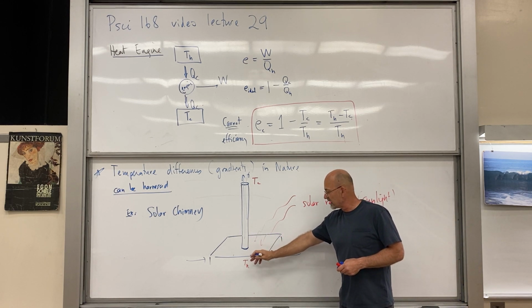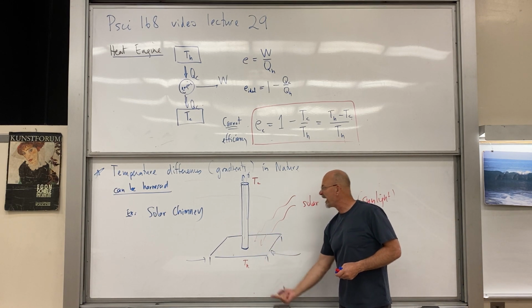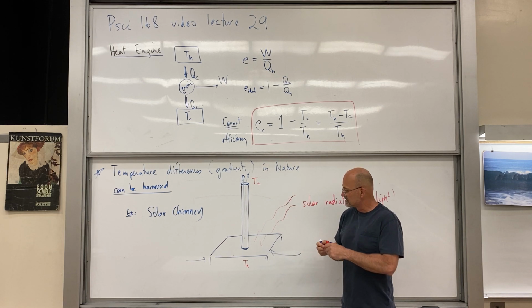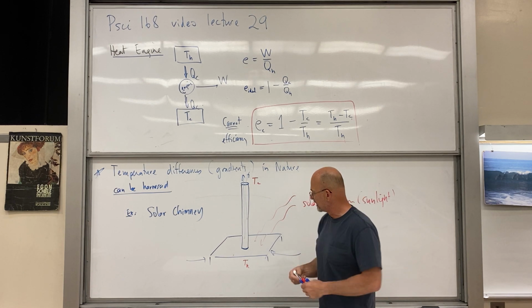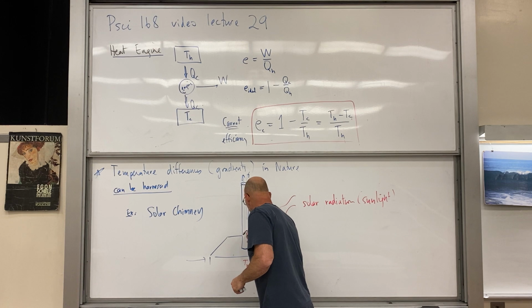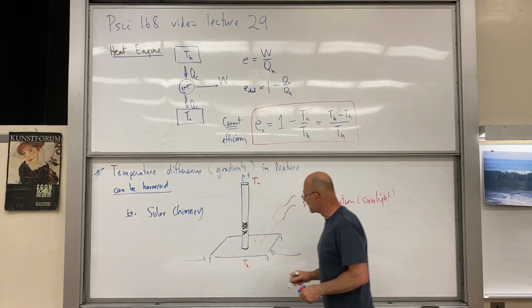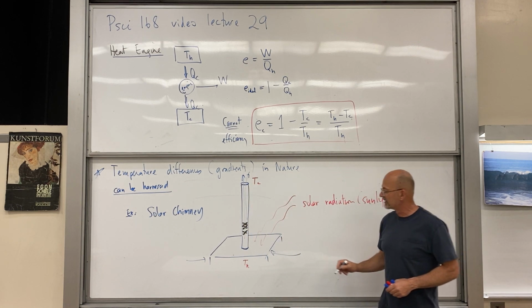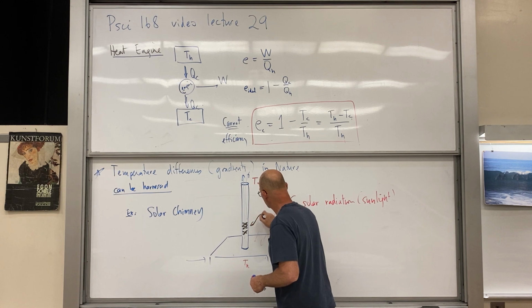So now we've constructed a chimney that naturally has air blowing through it, and then it's just a matter of building some turbines in here. So they put some little propellers in here, and then if you know how to turn that energy into electricity, you're on your way, okay? So turbines.